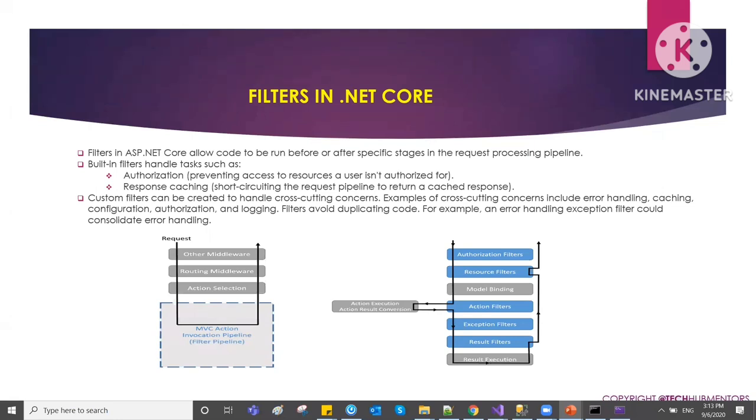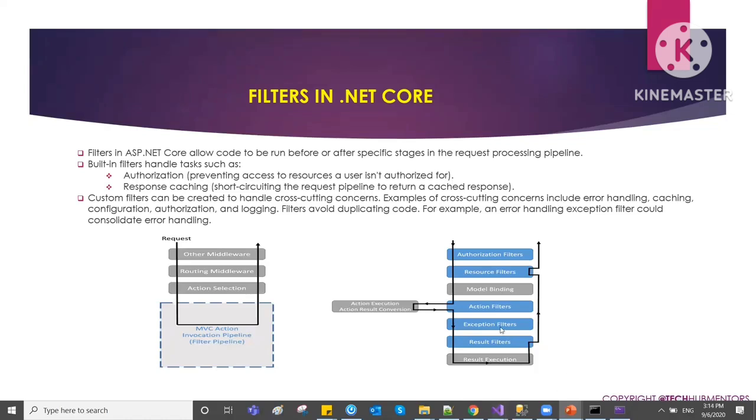The authorization filter basically checks, whenever any request comes, whether the request is authorized or not. You can also use the authorize filter for this. For this you have to implement the authorization filter interface. Next, the action filter has two methods, OnActionExecuting and OnActionExecuted, and you have to use the IActionFilter interface.